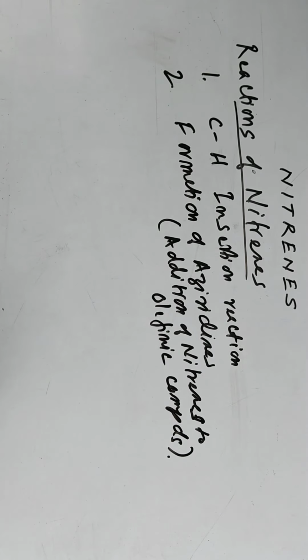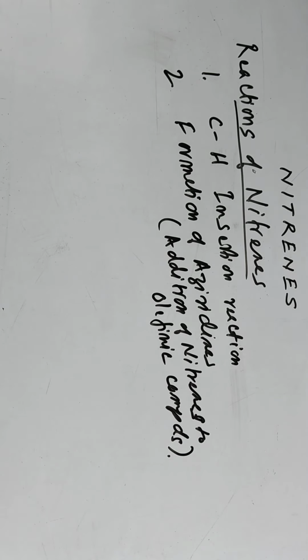So like carbons, generally these two types of reactions can be discussed. The first is insertion of these nitrogens into carbon hydrogen bonds, and the second is formation of aziridine. This is similar to addition of nitrogens to double bond compounds. So let's discuss one by one.